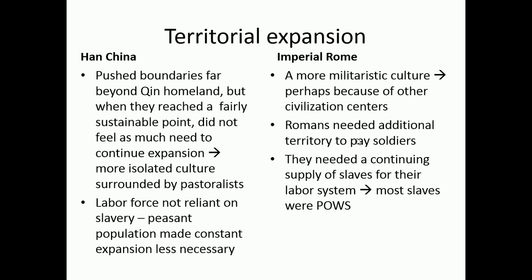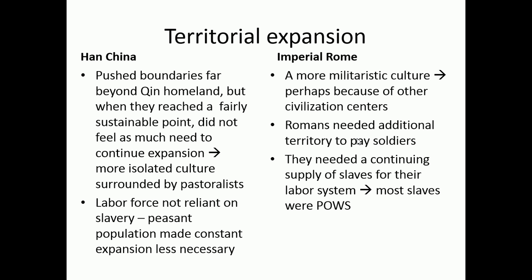As Rome's history unfolds, most of the wealth or land gets concentrated at the very top of the social hierarchy, and there were a lot of landless peasants who were no longer able to make a living by farming because their land had been consolidated into the hands of the elites. So those people wound up flooding into cities like Rome, which grew to a size of about 1 million people.